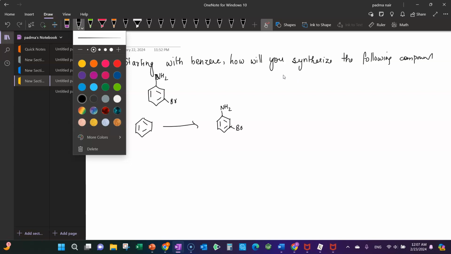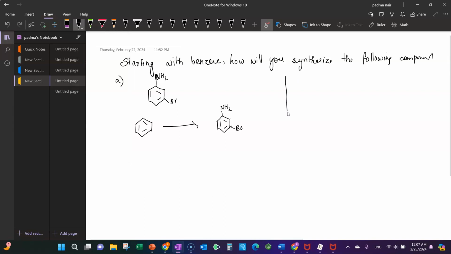So I'm going to just draw a summary of benzene reactions which we have studied earlier. So here is benzene. If I want to convert benzene to nitrobenzene, NO2, the conditions are concentrated HNO3 and concentrated H2SO4, so both strong acids.